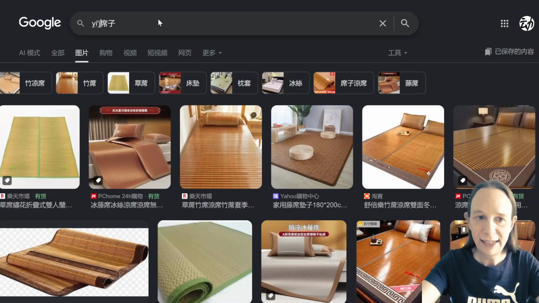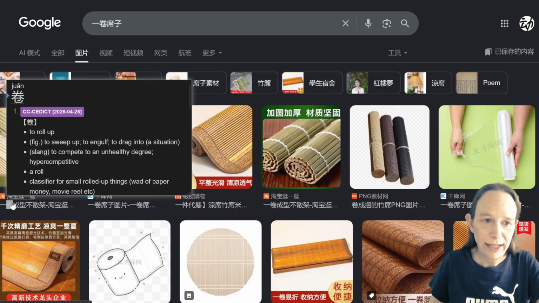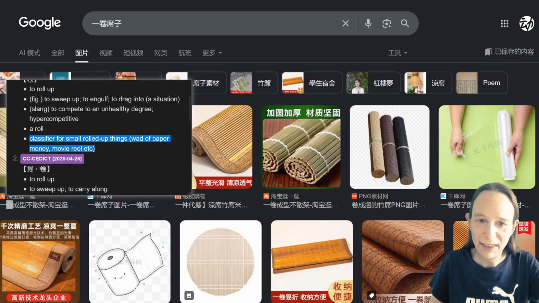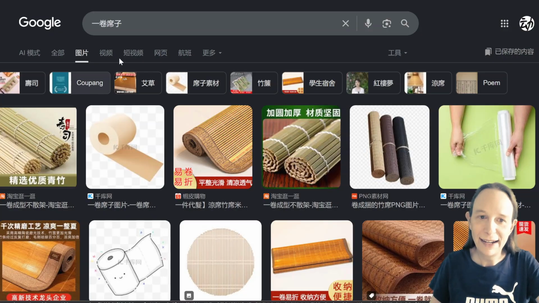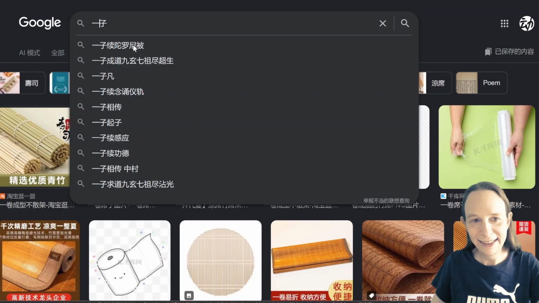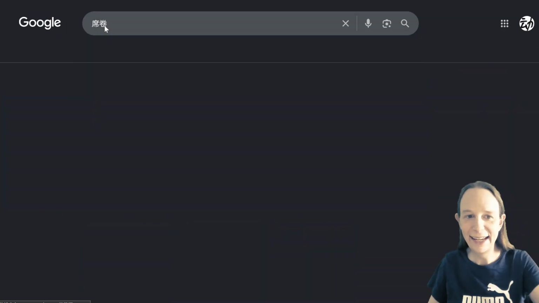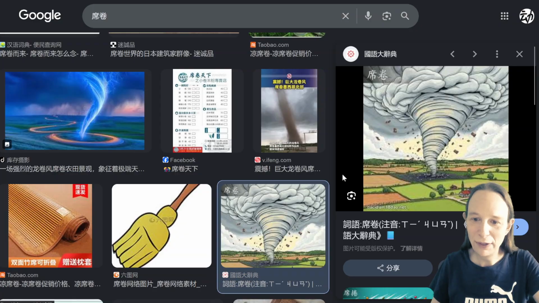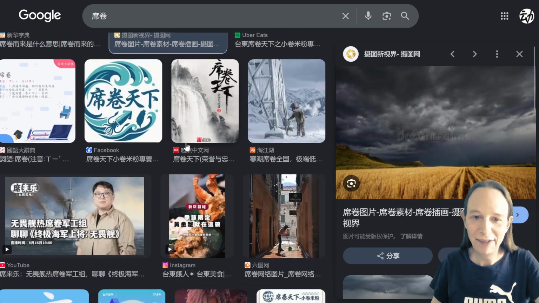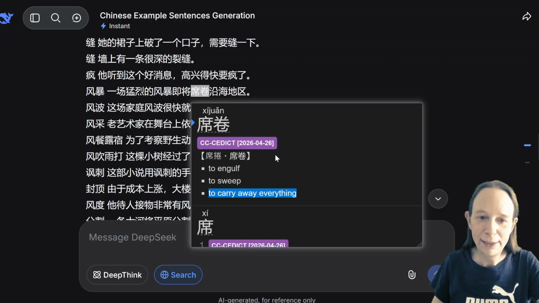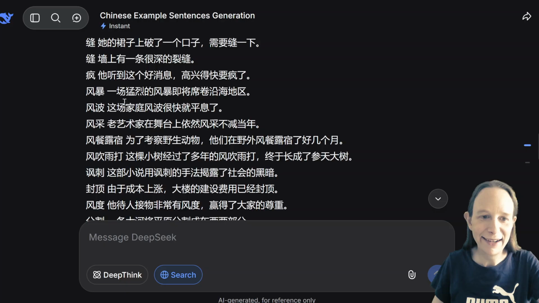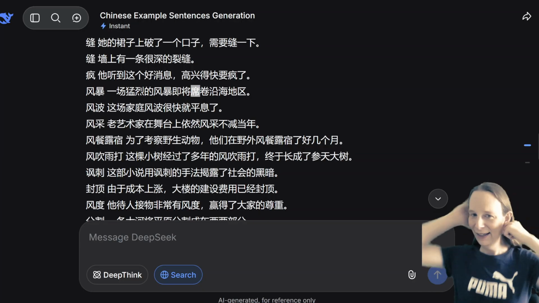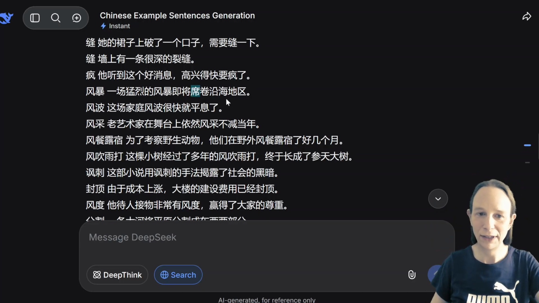And the measure word is 一卷, for rolled up things. So if we put the 卷 at the end, 席卷, engulf. That looks pretty engulfing. Nothing is left. Everything is engulfed. 席卷. Engulf, sweep away. Okay, 风暴 is a storm engulfing the coastal regions.